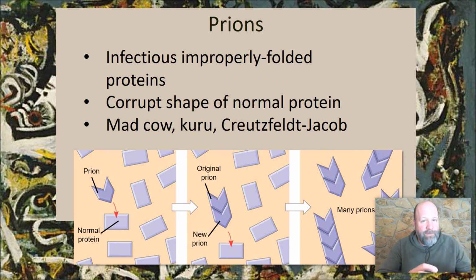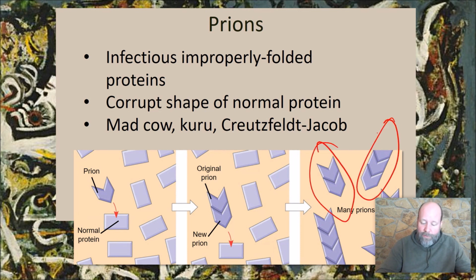And so you end up with this different folded version, and it changes the other ones into this different folded version. And so pretty soon, all of the proteins in that cell of that particular variety are all folded improperly and no longer functioning. And a lot of times they polymerize and they make these big, huge stacks of proteins that jam up the cellular machinery, make it so that cells can't do what they're supposed to do.